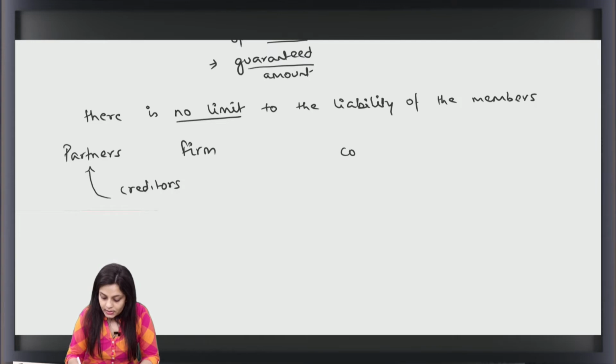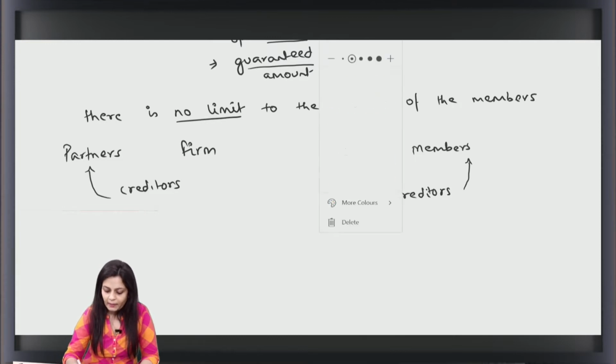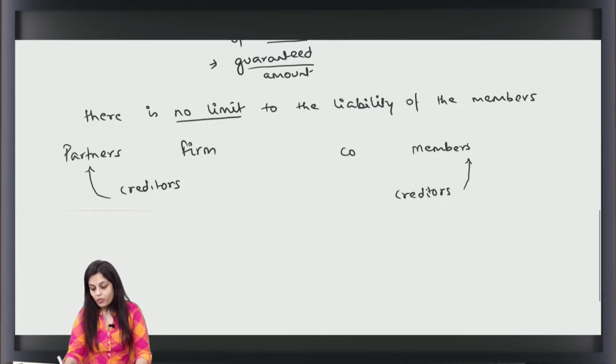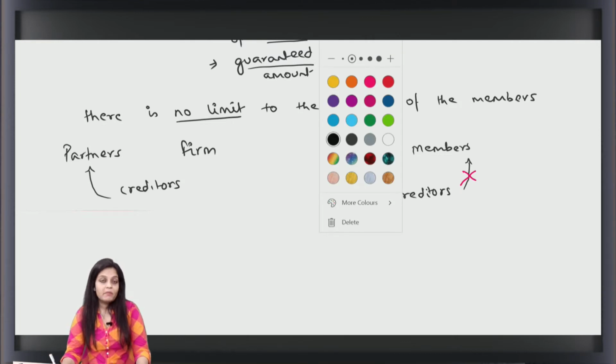Let us say this is the company, these are the members and these are the creditors. And the members have unlimited liability. So, can the creditors go and sue the members? Think and tell me. No. When we say unlimited liability, the liability of the member is unlimited but not to the creditors.